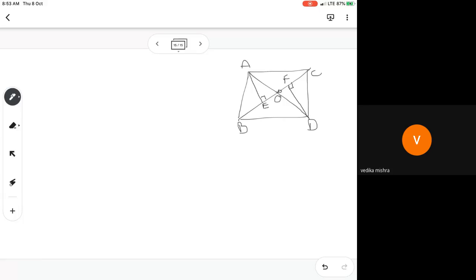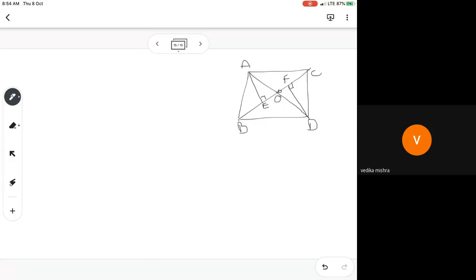E and F are the points. Okay. So the formula for the area of triangle ABC is what normally? Half into base into height. So here you consider the base as BC. Just orally I am explaining to you. Base you consider as BC, then the height becomes AE.